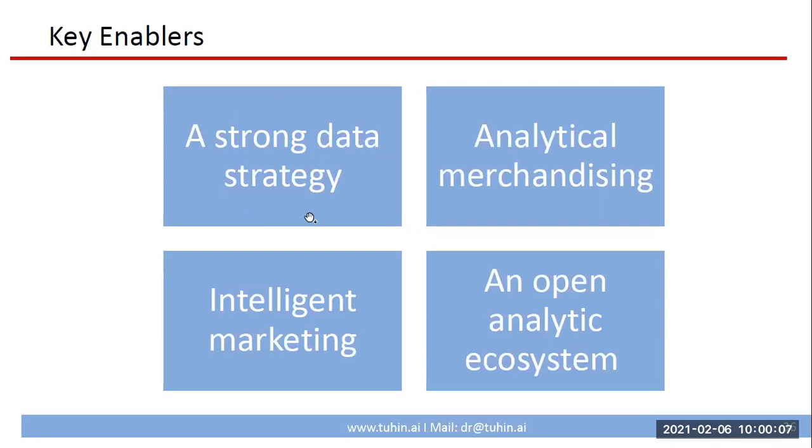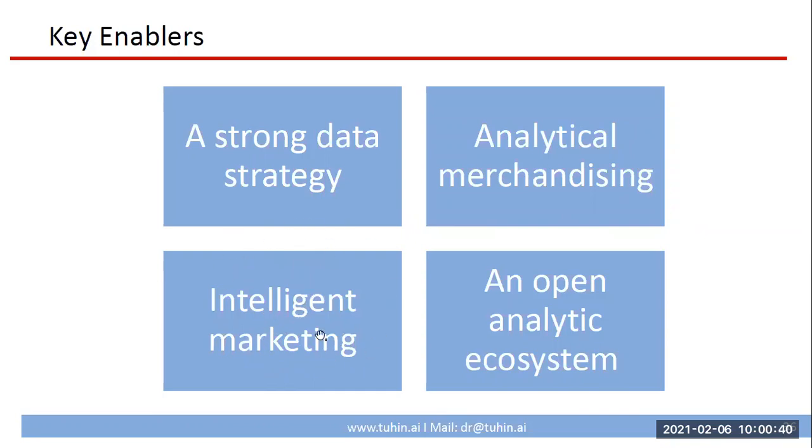That's very important, which includes your data lake strategy, data swamp strategy if required, database at the back end, then how the data will flow, the data governance, how the data will be consumed, what will be the output. This data strategy is very, very important. Analytical merchandising goes without saying. I said in the very first class how assortment optimization will take place. Intelligent marketing is very important, right? Whom to market to, at what point of time, with what product, so that the purchase motivation is the highest.